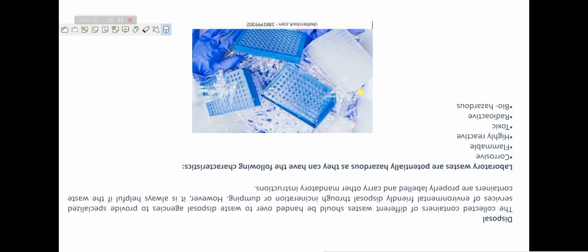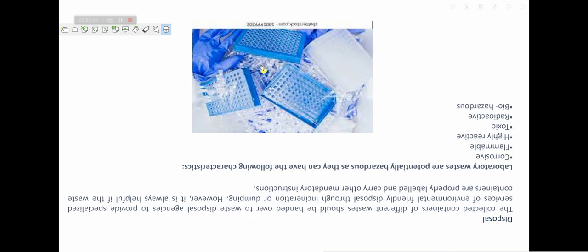They can produce some toxic substances also, and they are radioactive and biohazardous. So these are the harmful characteristics. And here you can see a waste from the laboratory where the Eppendorf tubes which have been used and are not being further used have been disposed. So this is the laboratory waste.